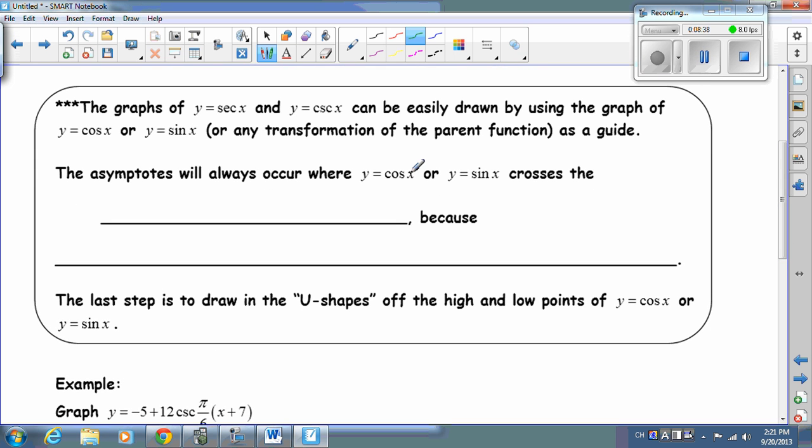All right, the graph of y equals secant of x and y equals cosecant of x have something in common. The common thing among those two is the fact that they are both U-shapes, but the difference between them is the fact that they belong to 2 different families. The secant is with the cosine and the cosecant is with the sine. So to graph this, you will start by graphing the cosine or the sine function, and wherever it crosses the x-axis, that's where you have your asymptote, because that's where you will have the denominator.